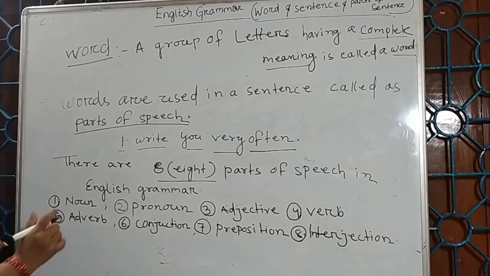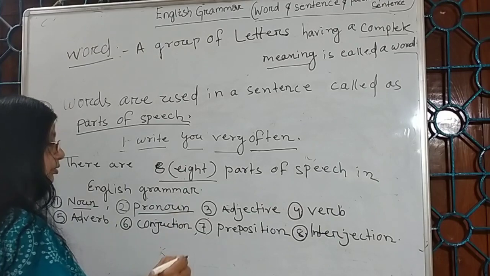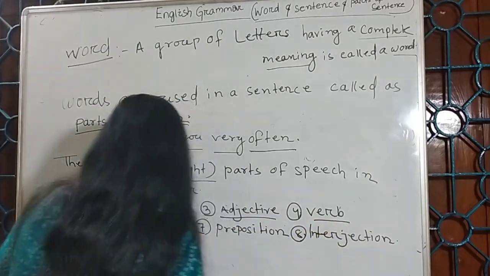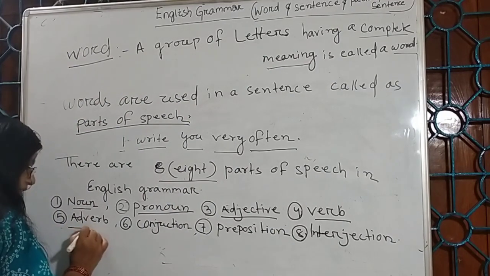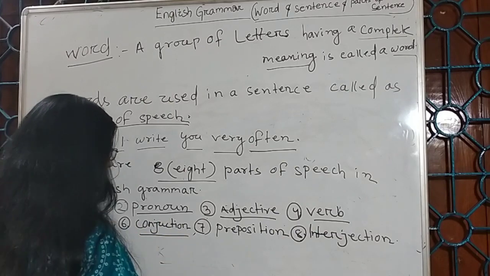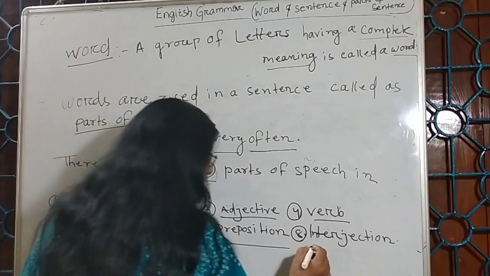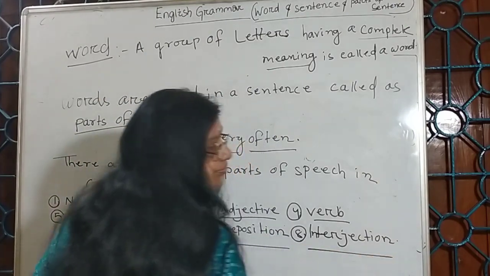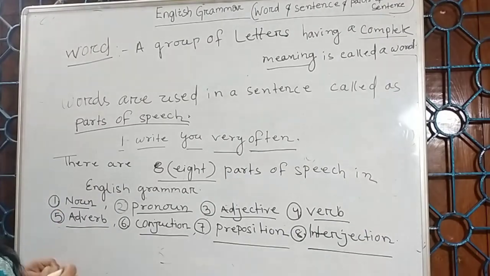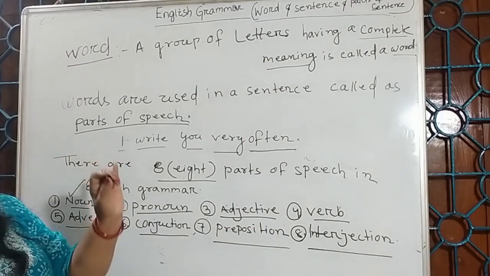They are: one is noun, second is pronoun, third is adjective, fourth is verb, fifth is adverb, sixth is conjunction, seventh is preposition, and eighth is interjection. So, let us start with the first part of speech now.